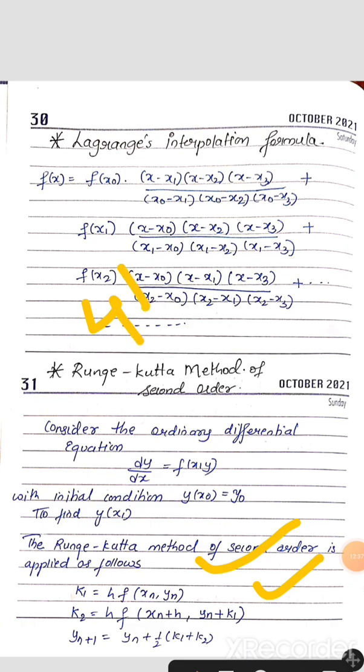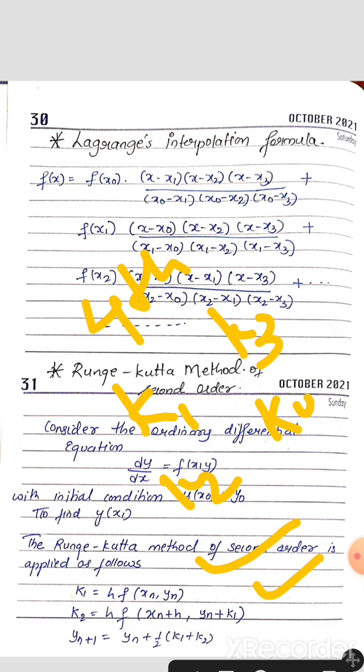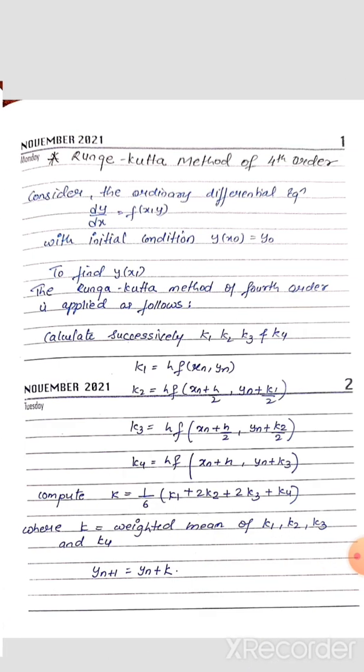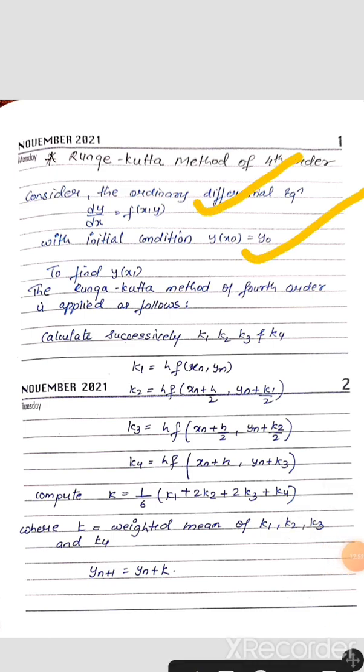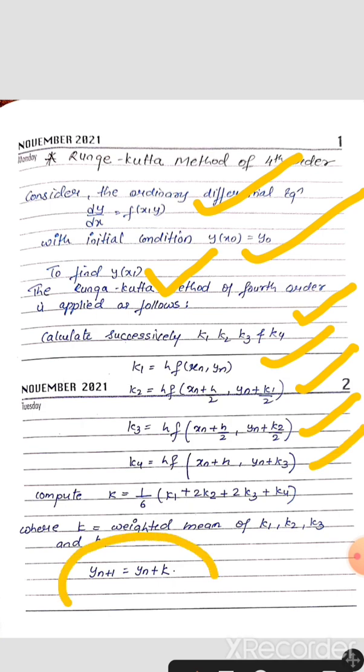Now for the fourth order, you need to find k1, k2, k3 and k4. The function and initial conditions are given, and we need to find y of x1. We successively calculate k1, k2, k3, k4. These are the respective formulas, and the final value is yn plus 1 is equal to yn plus the combination of the k values.